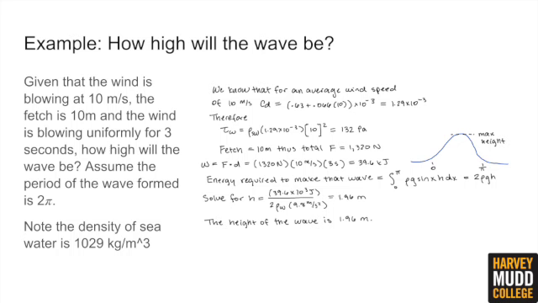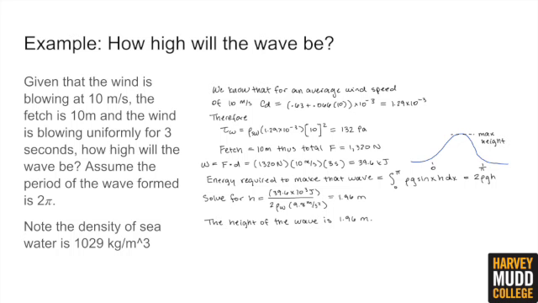So we've basically determined how much energy we are putting into the water at this point. And so now we need to find how high that total wave height is going to be. And we can do that by basically figuring out an expression for how much water we're going to lift.